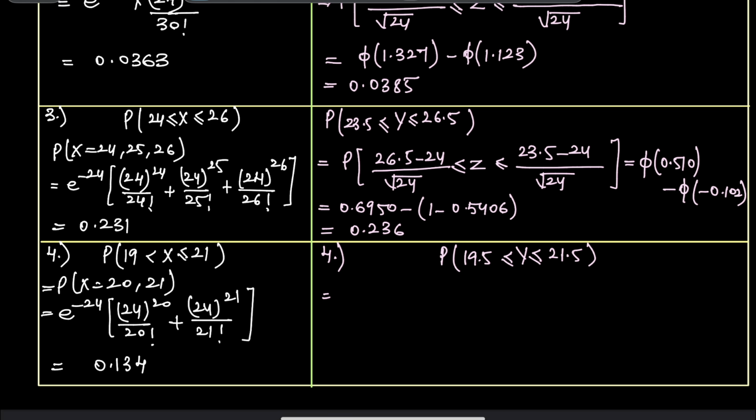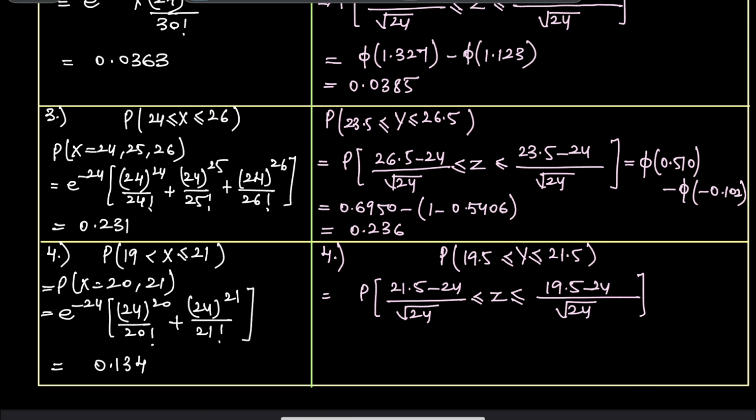Now we will calculate the z values. So we will write the probability of y between these two values: 21.5 minus 24 divided by root 24, the standard deviation, z values, then 19.5 minus 24 divided by root 24. Let's close the brackets.